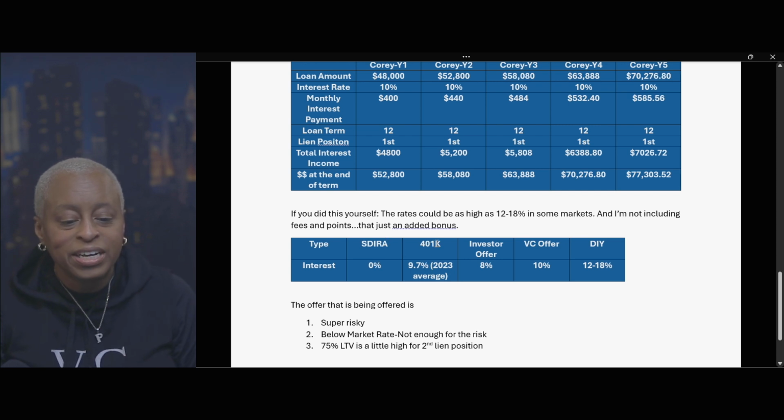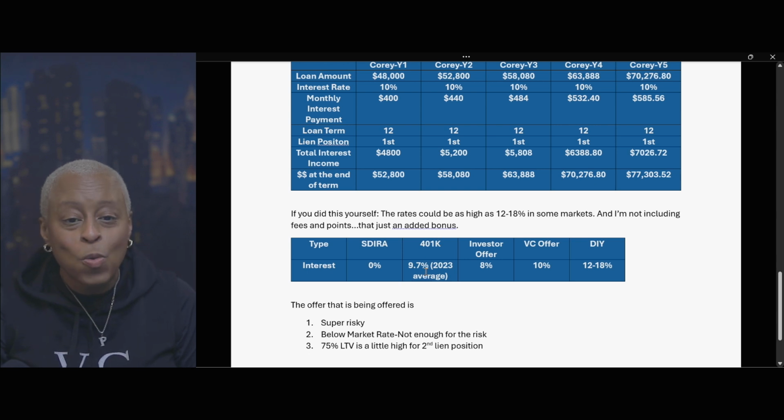Now, if you have it sitting in a 401k, the average 401k for 2023 earned an annual 9.7%. This investor is offering you 8%. Based on this offer, if you move this $48,000 from this retirement account and move it over here to loan to this person, you're losing. And if you did this yourself, you would be at 12 to 18%.